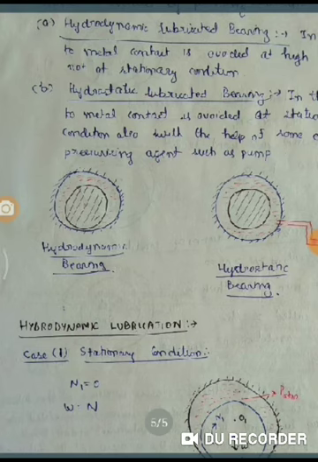Okay. Here you can see in the figure, this is the hydrodynamic bearing, and the arrow suggests this is the starting condition. Here we have the bearing and the shaft. The solid part shown with the hatched portion is the shaft, and the dashed portion with the outer circle is the bearing.